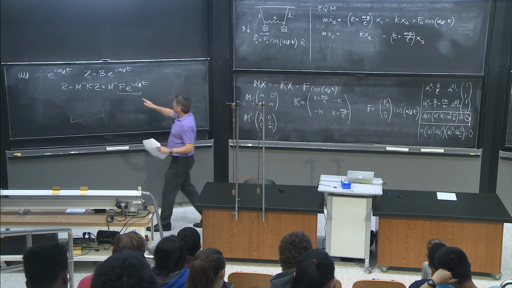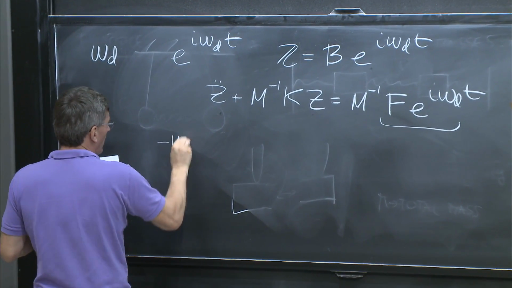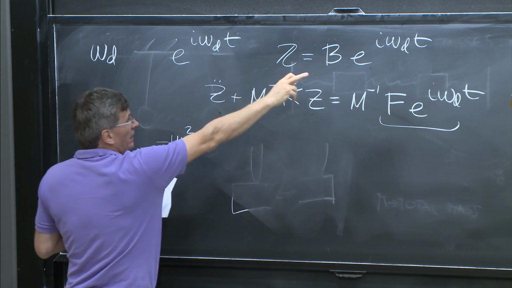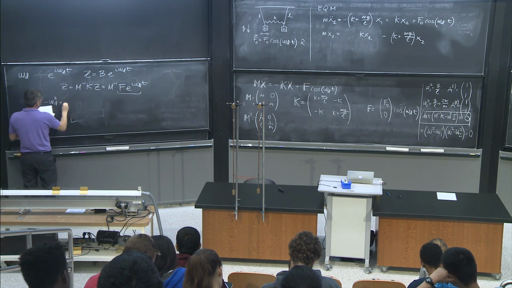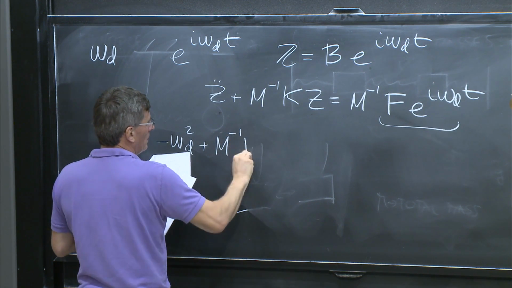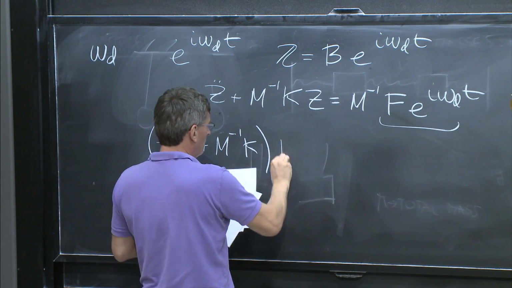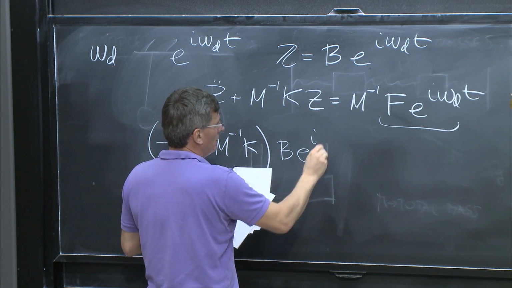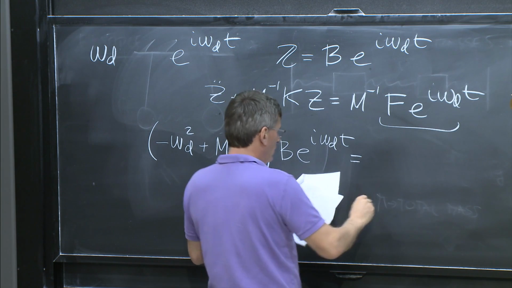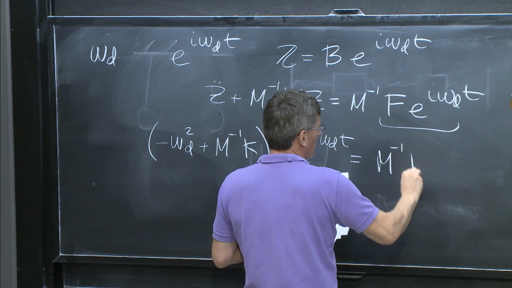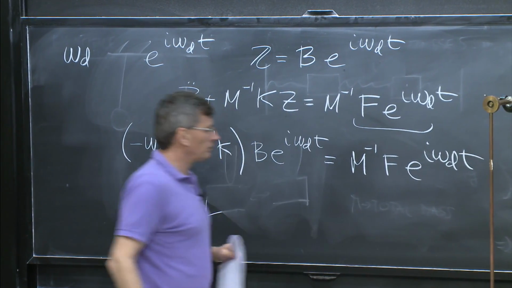When you plug this type of solution in, what you get is minus omega d squared, from the second differentiation with respect to time, plus M inverse K, multiplying vector b e to the i omega d t. This must be equal to M inverse F e to the i omega d t.